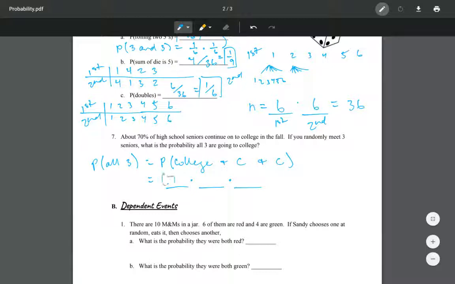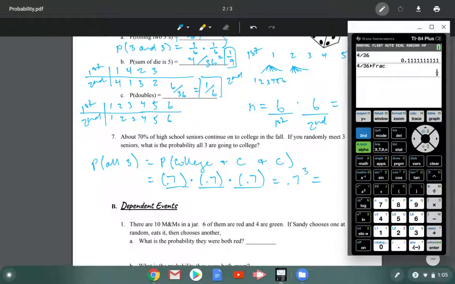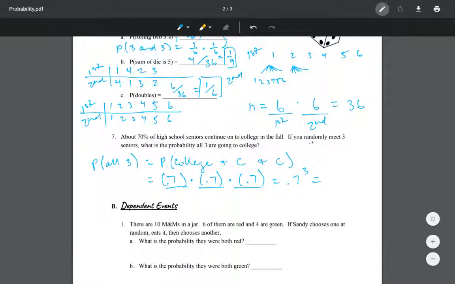So I'm going to put 0.7 for the first person, 0.7 for the second person, 0.7 for the third. So that would be 0.7 to the third power. And if I multiply that on my calculator, 0.7 caret, to the third, I get 0.343. So about 34.3%.